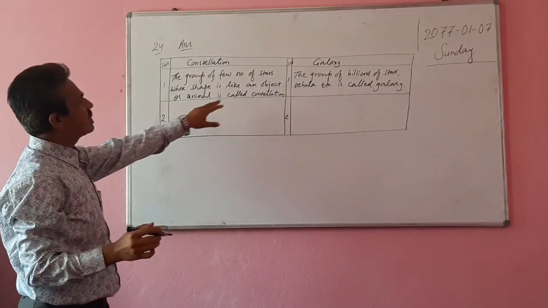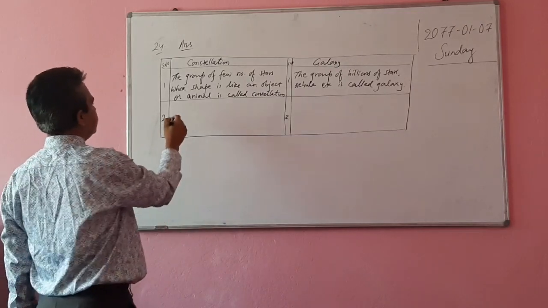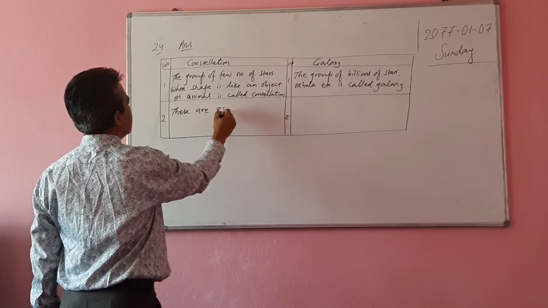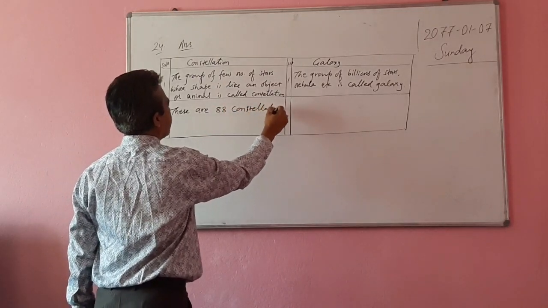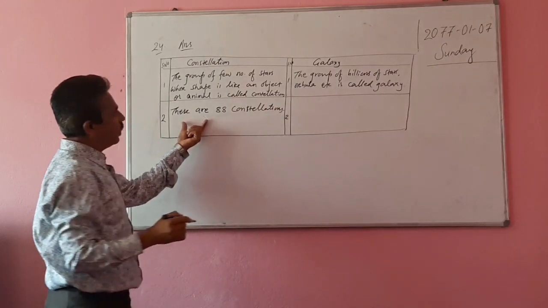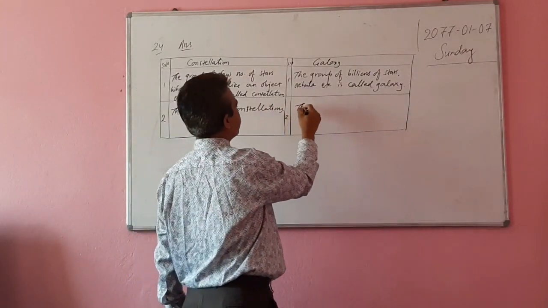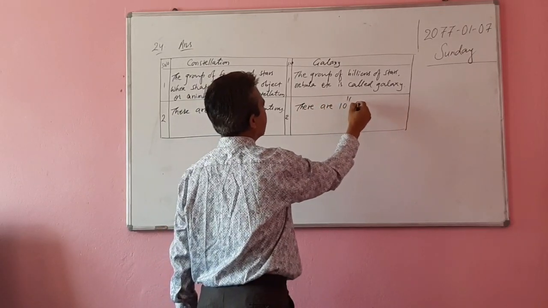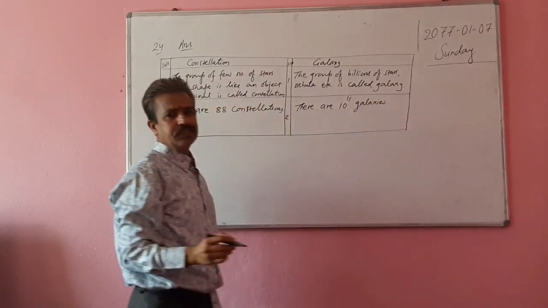Here, a few stars versus billions of stars. There are 88 constellations. There are only 88 constellations. There are 10 to the power 11 galaxies. Many galaxies are there.